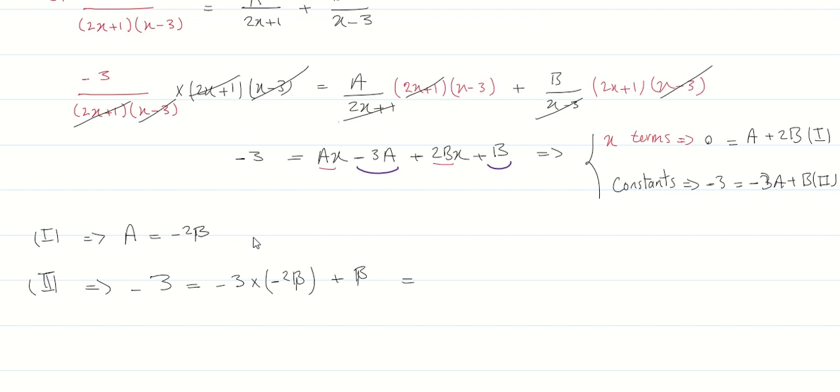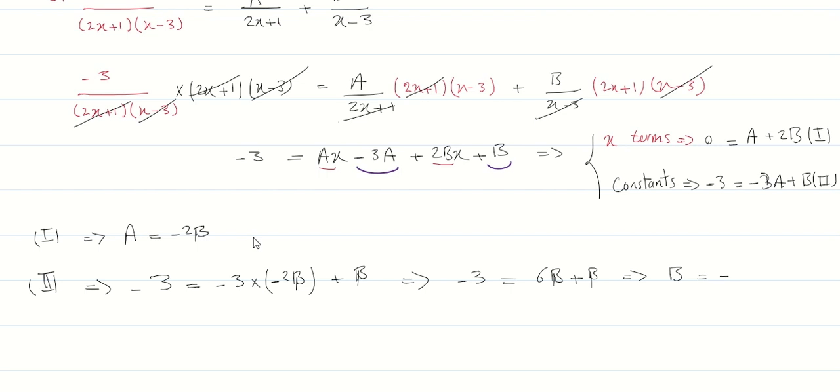Now I'm just going to solve this equation in here. We have minus 3 is equal to minus 3 times minus 2b, which is 6b, and we have b in here as well. Now, based off these equations, we have 7b on the right-hand side and minus 3 on the left-hand side.